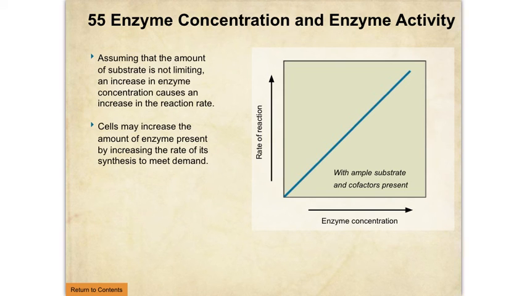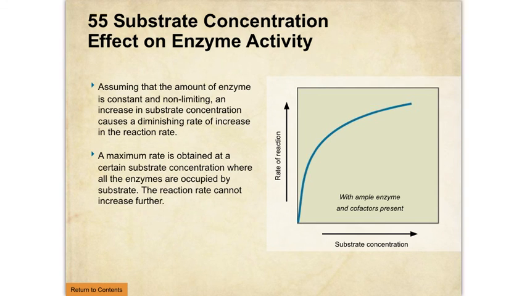Then understand that the enzyme concentration can also affect how well the reaction goes. If you have more enzyme, usually that will lead to a faster reaction, but not always. Substrate concentration can plateau out.